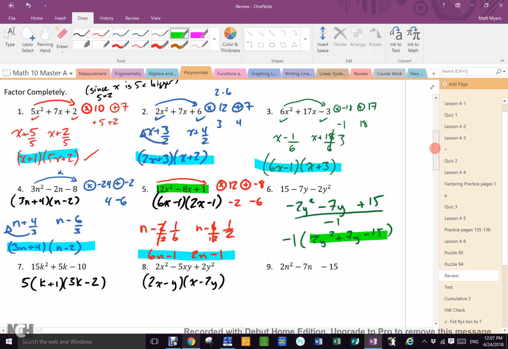Anybody want to talk about anything else there on 1 to 9? Number 8? Yep. I'm sorry, what, the answer to 6? Yeah. See if I can get it back. What do you mean the majority of the test? Factoring? It's a whole test on factoring.